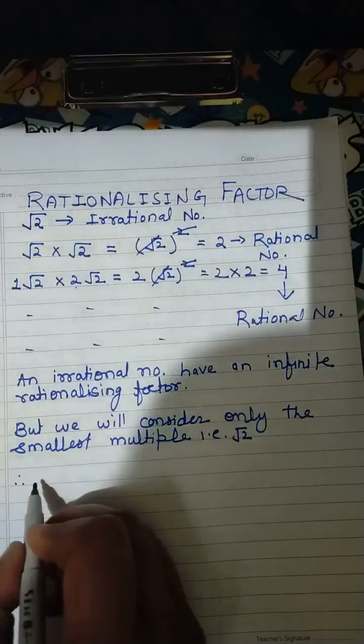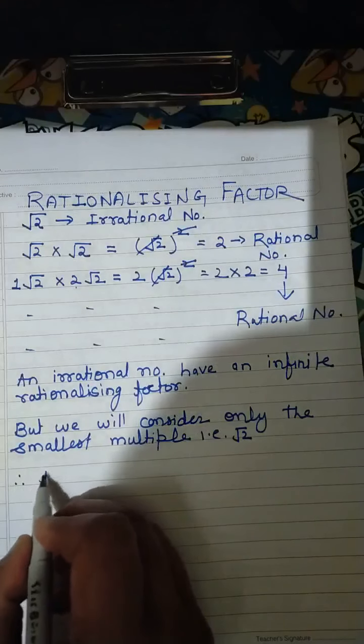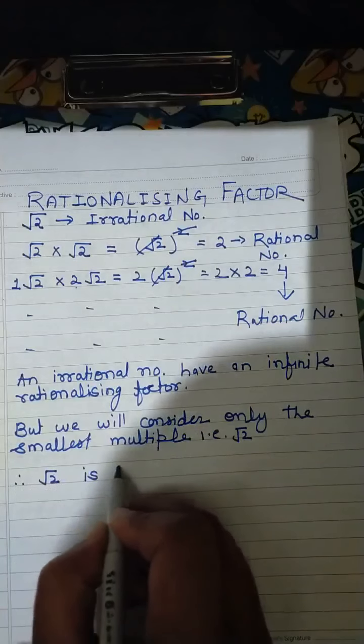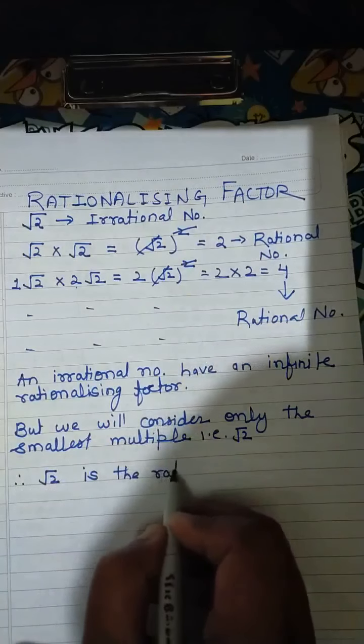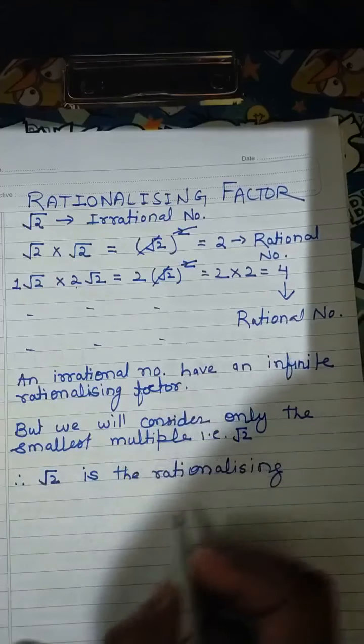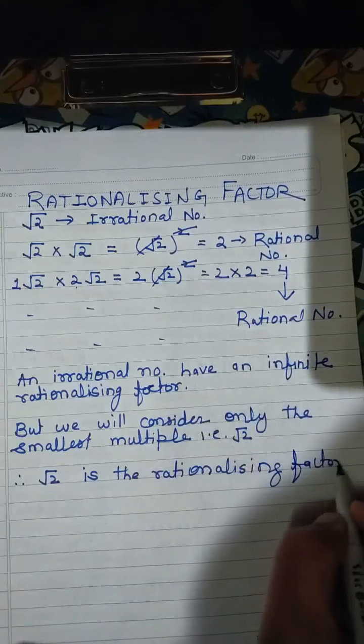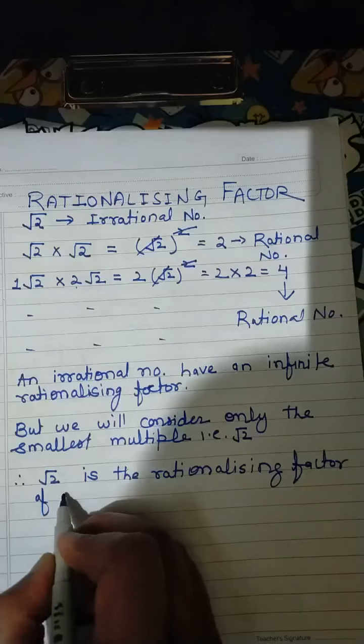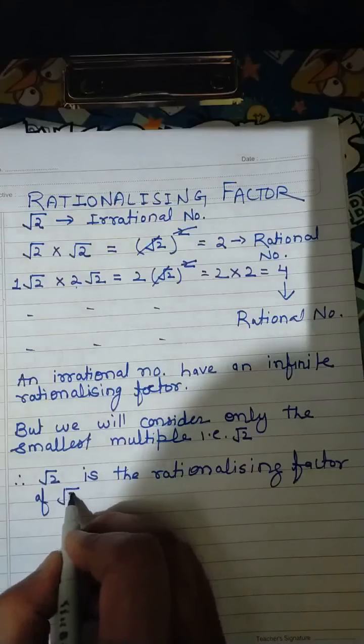So square root 2 is the rationalizing factor of square root 2.